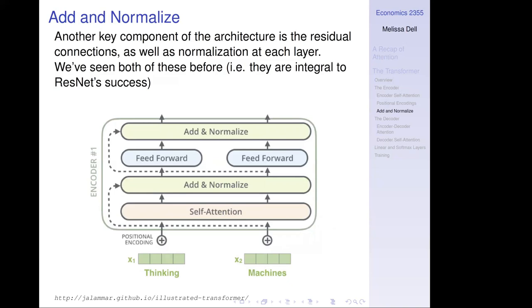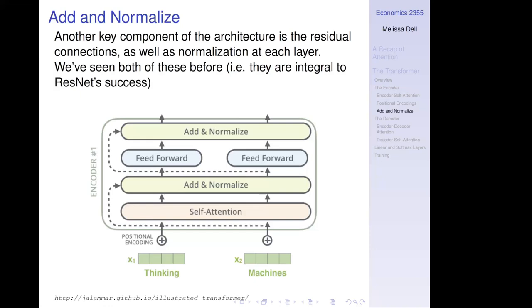You feed thinking and machines into the self-attention layer, that gives you those outputs Z, but before you send those to the feed forward layer, you add them back to X, your embeddings, and then you normalize everything so that you keep the scale the same as you move through many layers of this network. And then you feed forward, and again, you add and normalize, right?